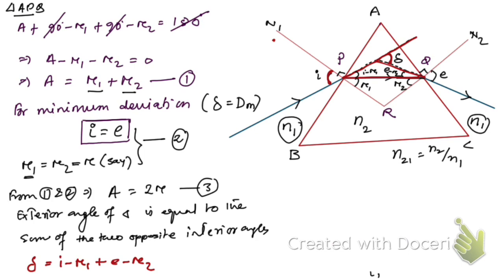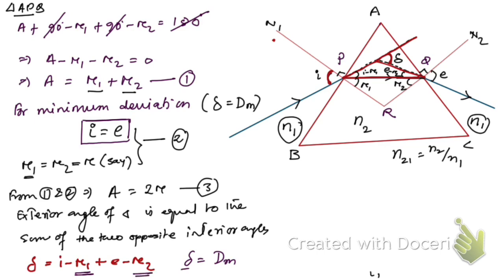Now for the minimum angle of deviation, that is delta equal to dm, we can replace R1 and R2 by R, okay?